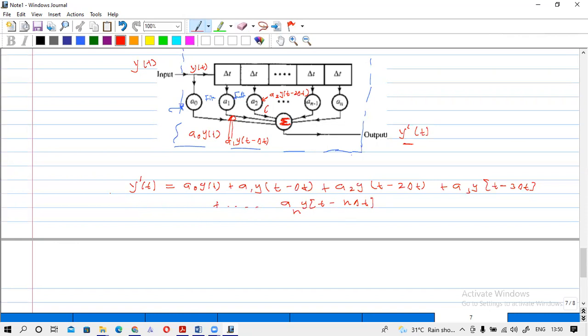So this is the input and output relationship of the equalizer.